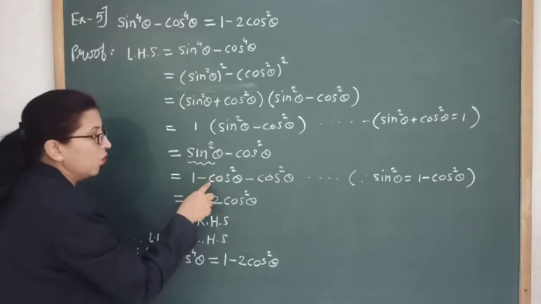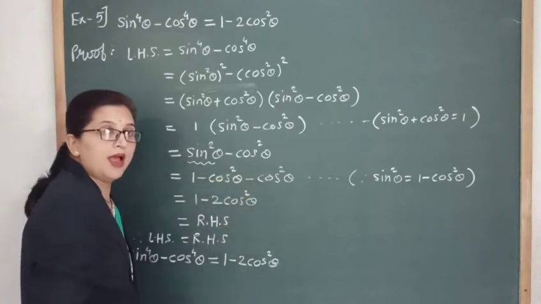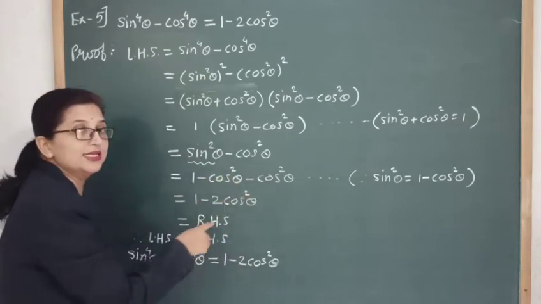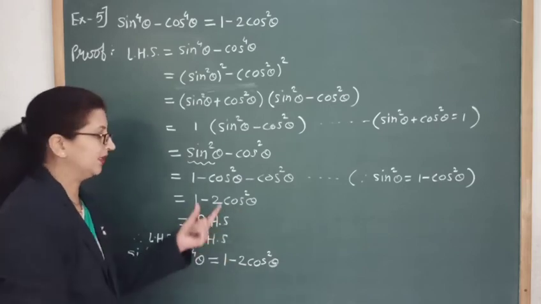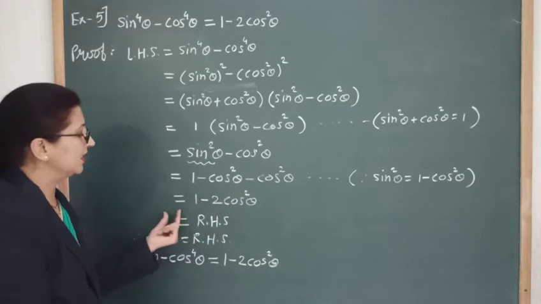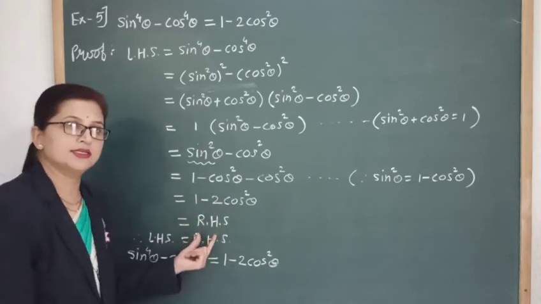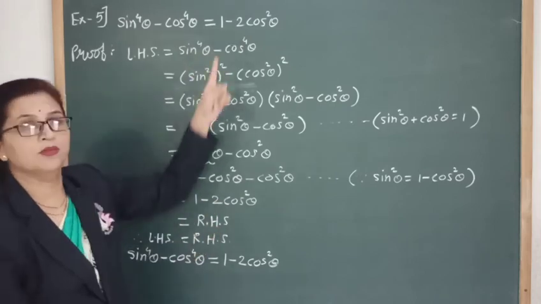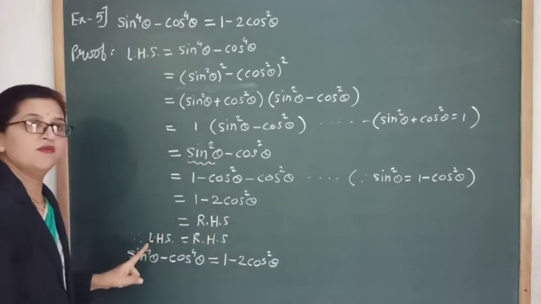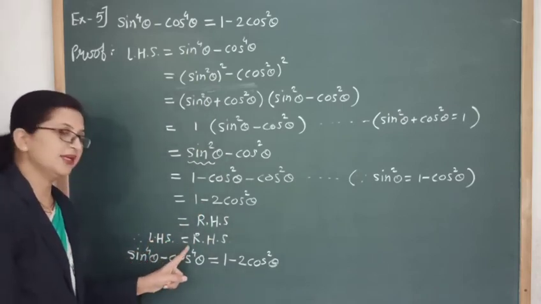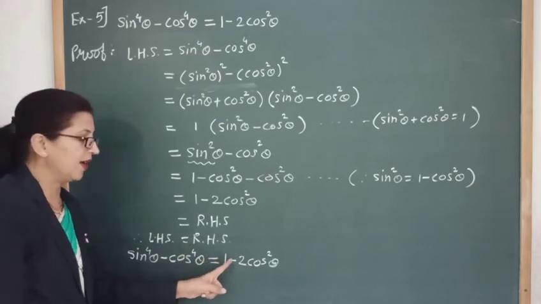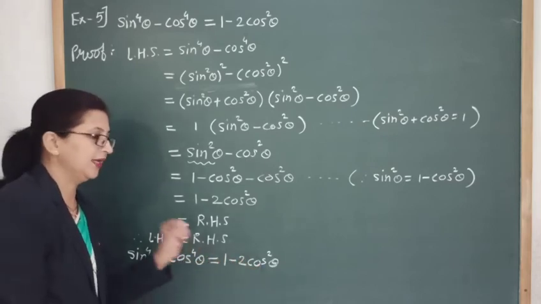So here 1 cos square theta and this is 1 cos square theta, that is 2 cos square theta. So 1 minus 2 cos square theta. So in this way we got this LHS is equal to RHS. That is what we had to prove. Okay, so in this way we have proved that sin raised to 4 theta minus cos raised to 4 theta is equal to 1 minus 2 cos square theta.